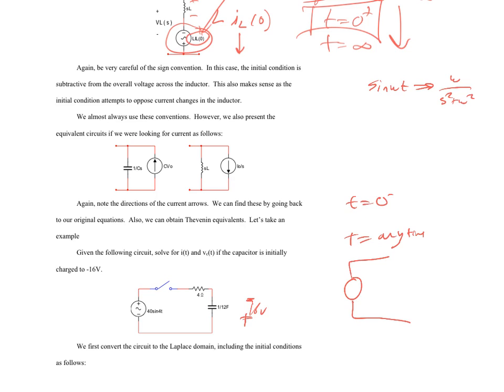So for 40 sine of 4t, I can just multiply the 40 out front, because multiplying by a constant in the time domain is the same as multiplying by the same constant in the Laplace domain. This value is omega, so this is 4 over s squared plus 4 squared. So I end up with 160 over s squared plus 4 squared.